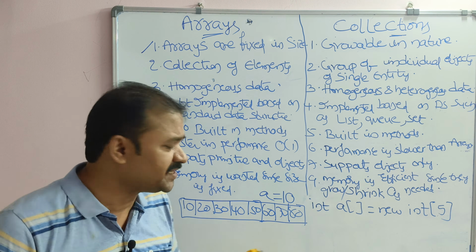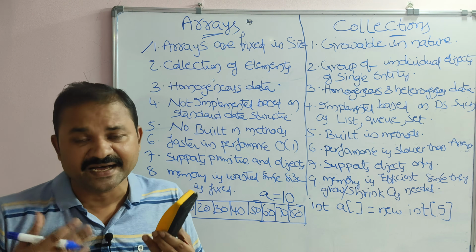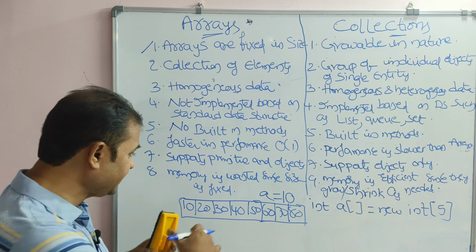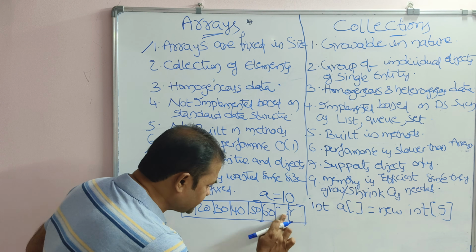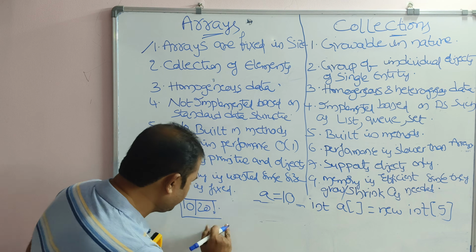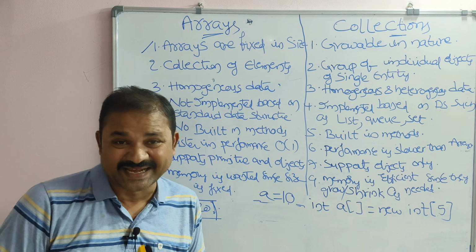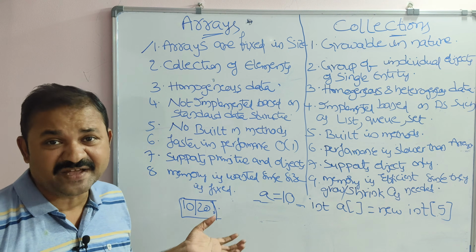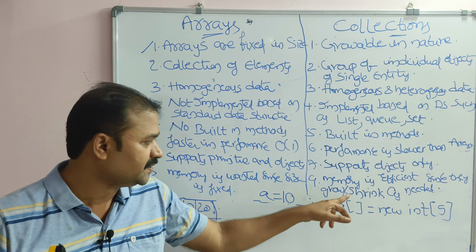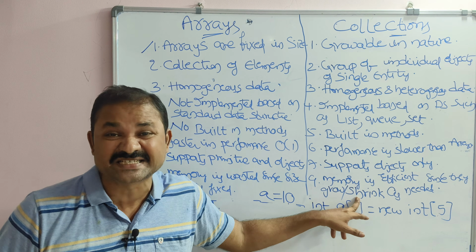Let us assume that we performed 6 removal operations. Then all 6 elements are removed from the collection. So now this is the collection. The collection will shrink. So here the size of the collection may grow, or the collection will shrink.